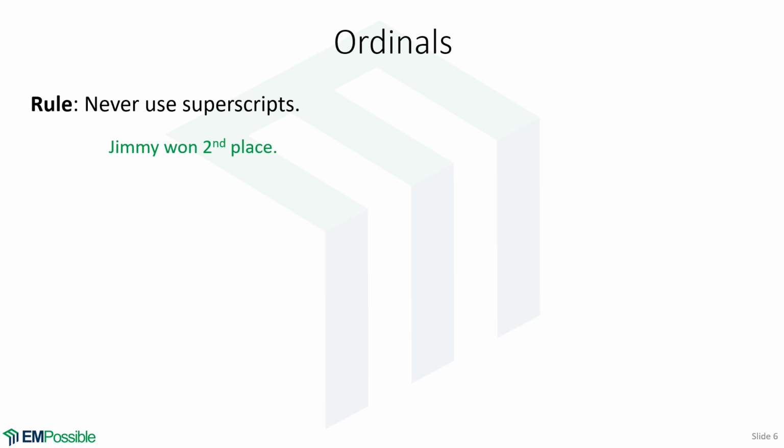Ordinals. Ordinals are words like first and second, and how to write the st and the nd on words like this. The Chicago Manual of Style says never use these as superscripts. So here's the example: Jimmy won 2nd place. When I type this into PowerPoint and even Word, by default, it makes the nd a superscript.